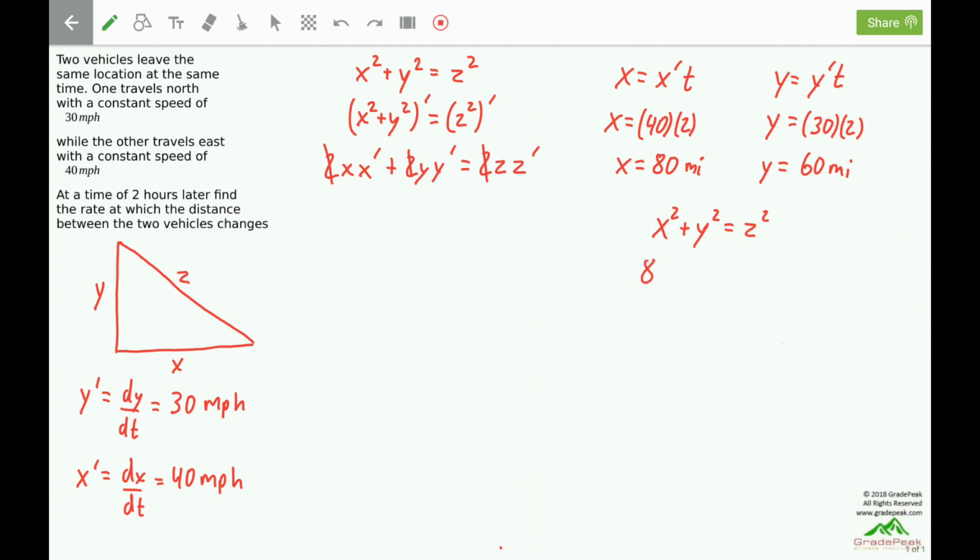So we have 80 squared plus 60 squared equals z squared. 80 squared will be 8 squared, 64, and then the square of the 0 becomes 2 zeros. 60 squared will be the square of 6, which is 36, and then the square of the 0 becomes 2 zeros. 64 plus 36 is 100, and then the 2 zeros come along.